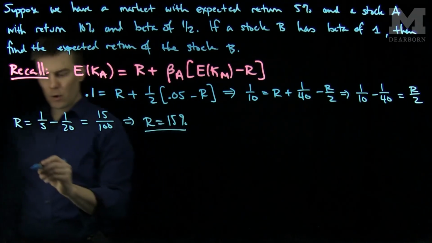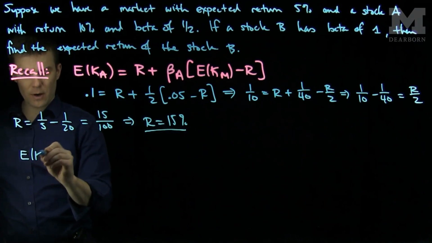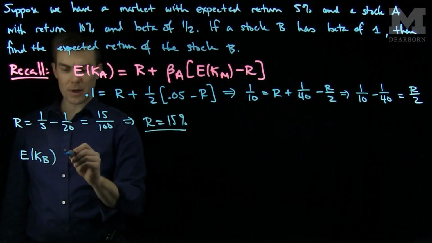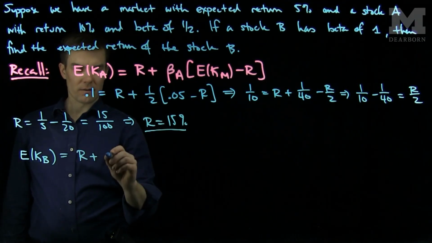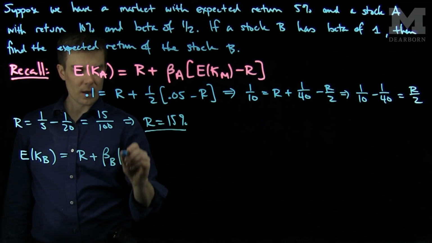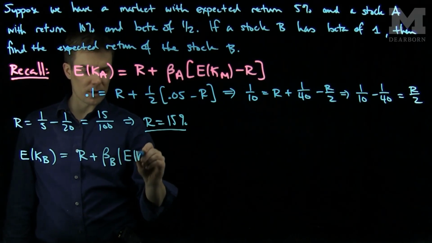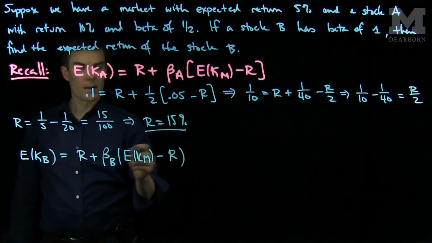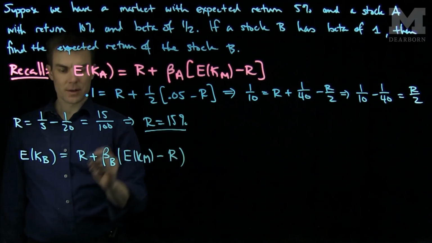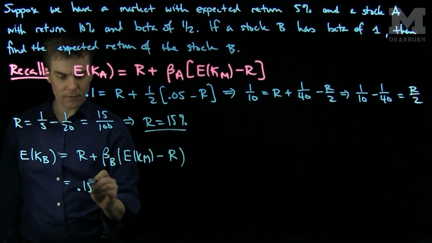and now I can apply this equation again. We know that the expected value of the return on the stock B is the risk-free rate R plus the beta of B, times the market expected rate of return minus R. Now we fill in our values. We know that R is 0.15.